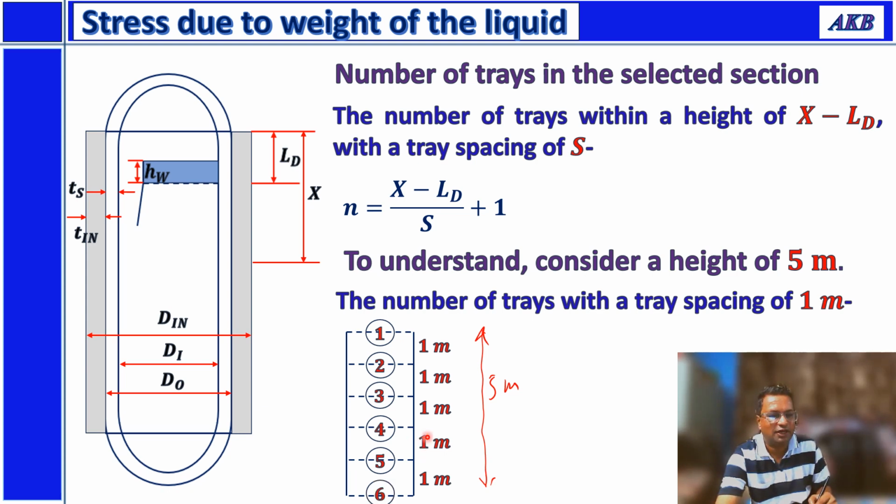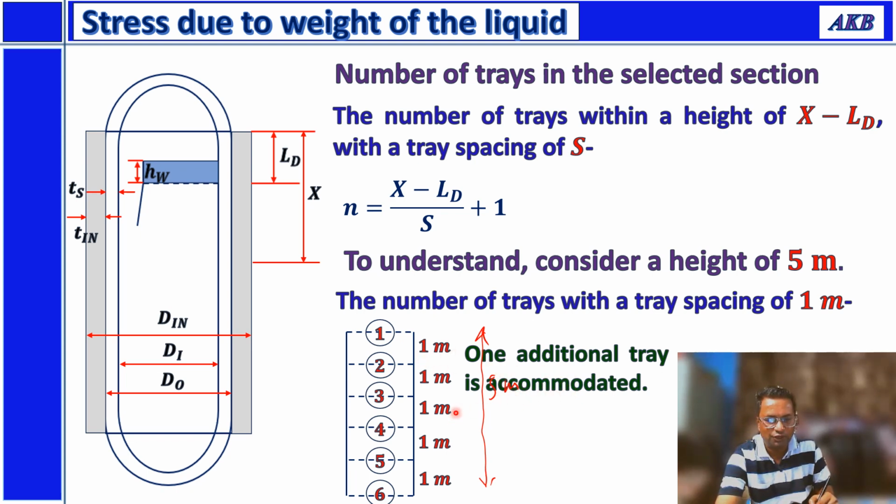That means within a height of 5 meter with tray spacing of 1 meter, we can accommodate 6 trays. That is, one additional tray is accommodated. So based on the height and tray spacing, whatever number of trays you get, you have to add 1 to that.